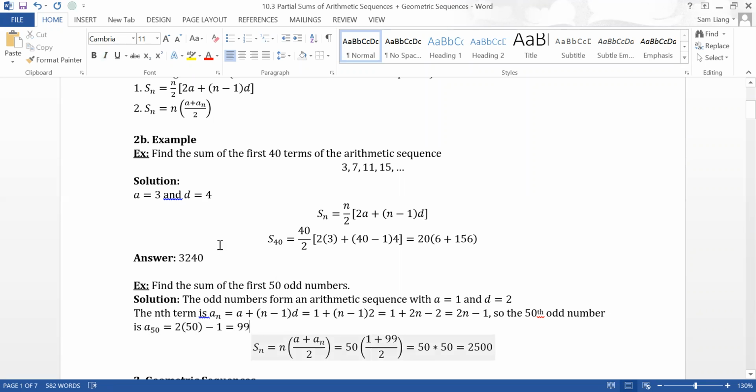From there, using this formula, we have n times a plus a sub n divided by 2. So n is 50, because we want to find the sum of the first 50 odd numbers, times 1, which is the first term, the first odd number, plus 99, which is the 50th odd number. Divide that by 2, and that's going to be 50 times 50, which is 2,500 as your answer.